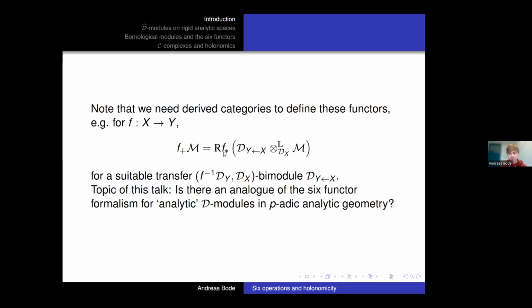Sorry, just to have a naive idea, if things were all affine, so this D with the arrow, are these the operators on X that are Y linear, that are linear over O_Y?